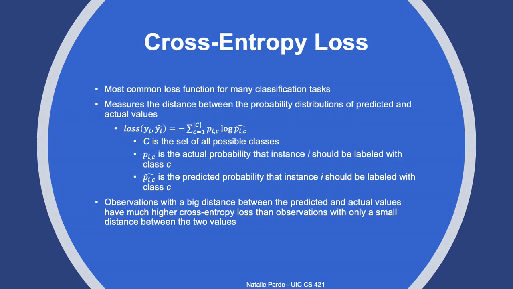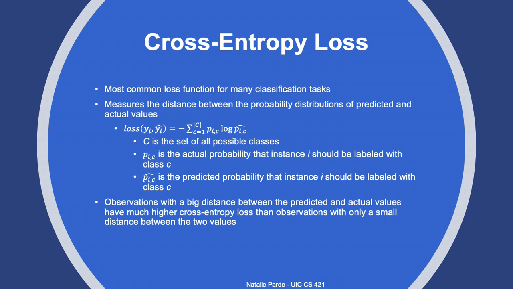Cross-entropy loss is generally the most common loss function for classification tasks, and at its core, it just measures the distance between the probability distributions of predicted and actual values, which you can see from the equation. For every class, you multiply the actual probability that an instance should be labeled as class C times the log of the predicted probability that it should be, and then you sum up all of those products and take the negative of that sum.